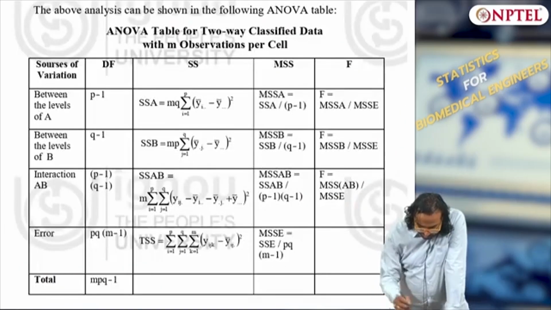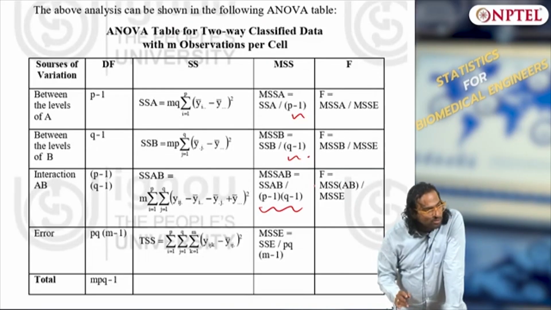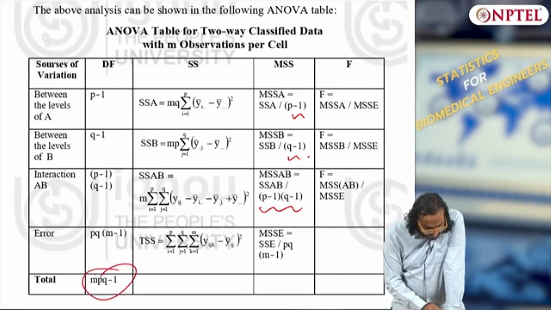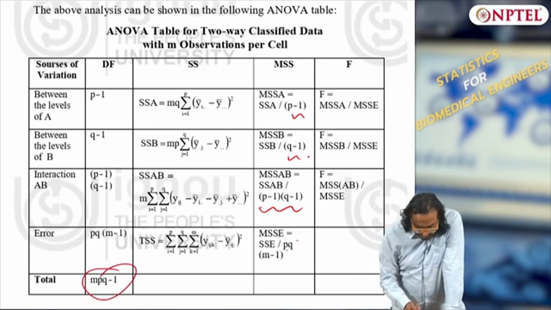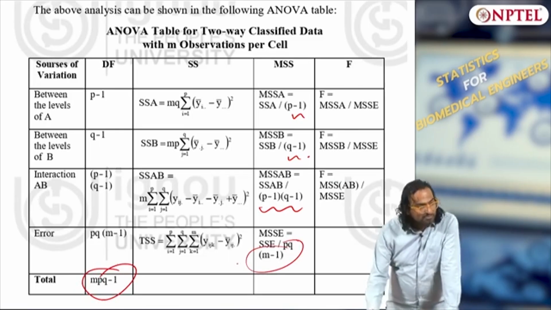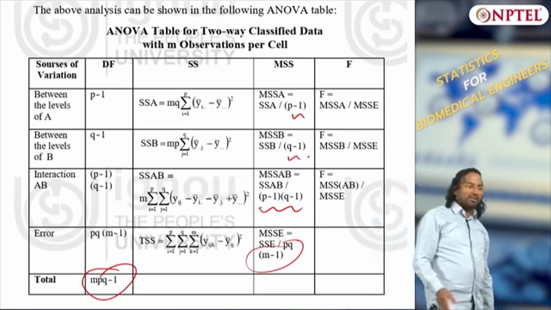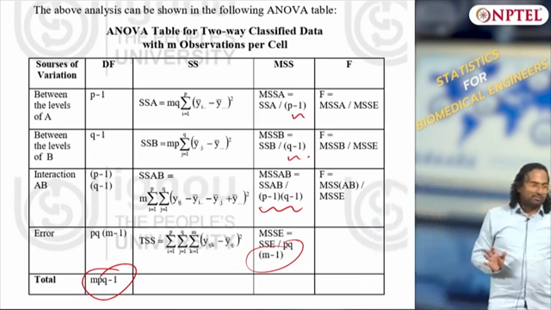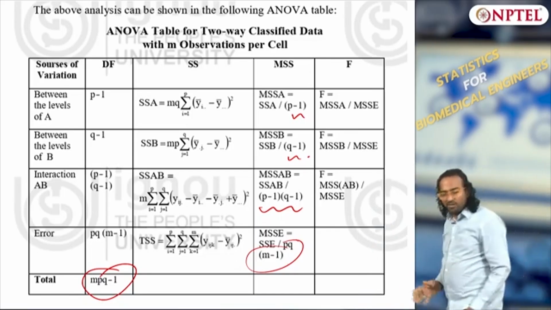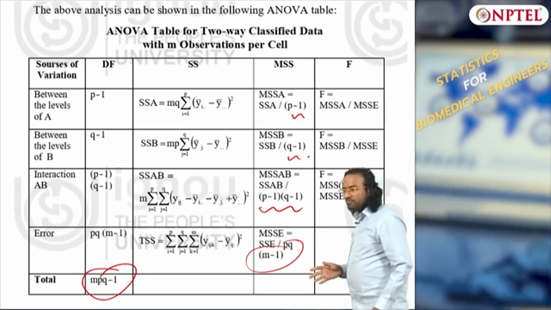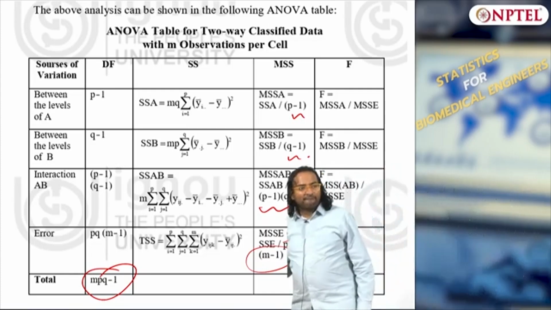So this is P minus 1, Q minus 1, and then I have total as MPQ minus 1, and this is by subtraction, PQ into M minus 1, that is a complicated one, you just get it by subtraction. Sum square error degrees of freedom is always by subtraction. Make sense everybody?